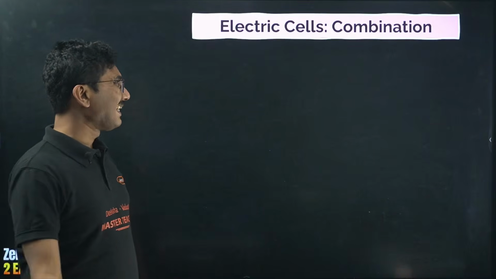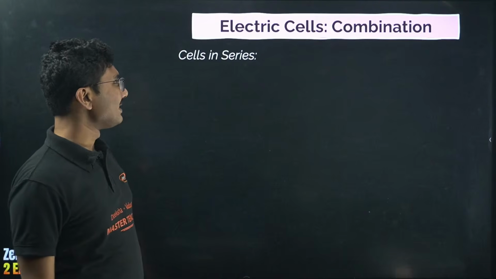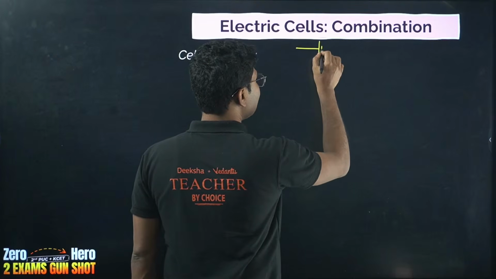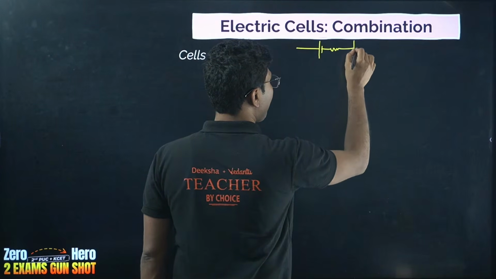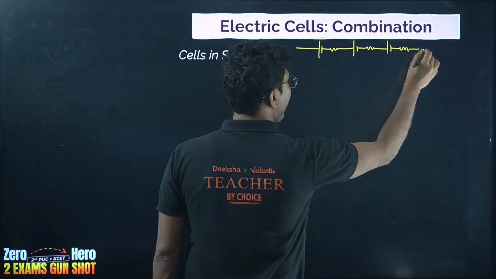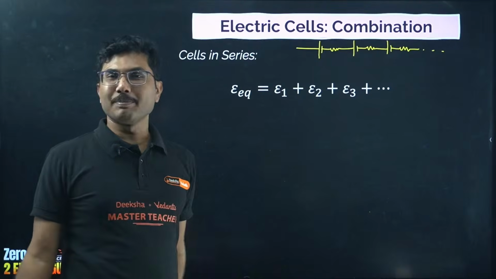Now, electric cells combination. There are two combinations of cells. One is cells in series. In series combination, cells are connected one after another, similar to resistances, and the effective EMF is given by simply addition.